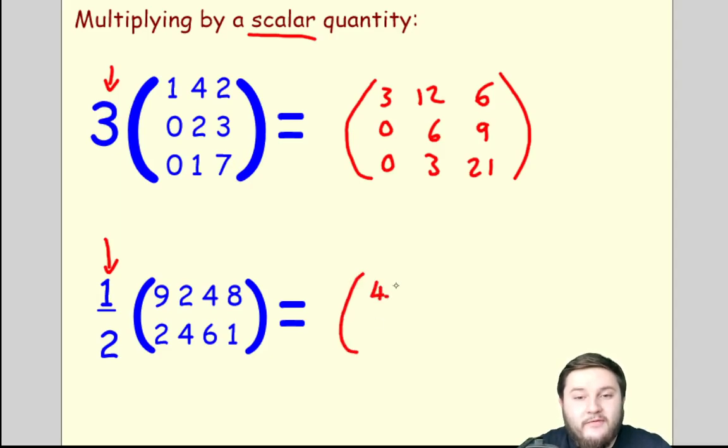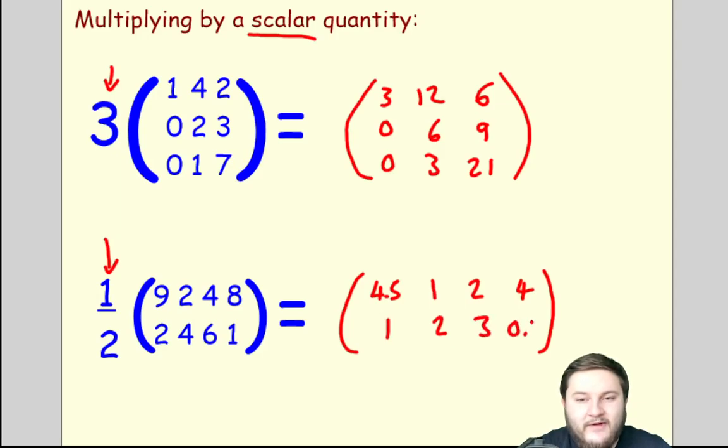So we get 4.5, or you can even have a fraction, 9 over 2, 1, 2, 4 on the top row, and then we get 1, 2, 3, 0.5 on the bottom row. So we just halve every number that's in the matrix. So multiplying by a scalar multiple and adding and subtracting matrices is quite simple, really.